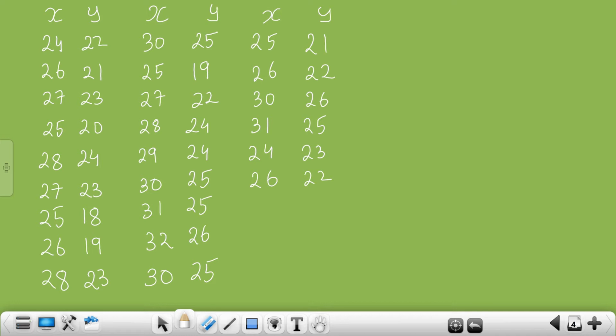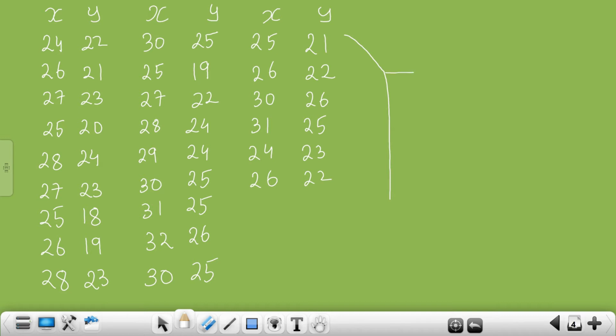So for y, we can set up the class intervals as 18 to 20, 20 to 22, 22 to 24 and 24 to 26. Now that we have identified our class intervals both for x and y, we will go ahead with setting up the table.